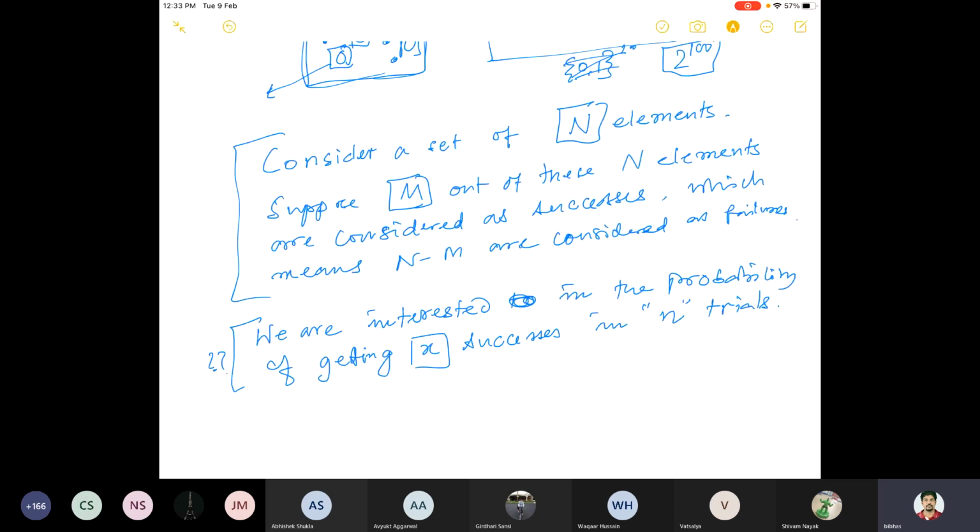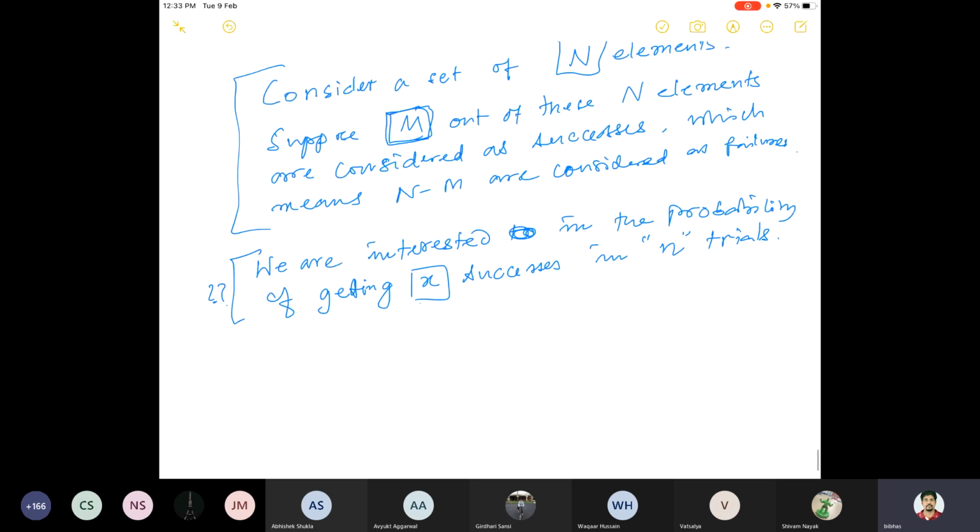So I am interested only in success, okay? So how many ways can I get X number of successes? See, now there are capital M number of successes. So from the above information, we have the following observations.